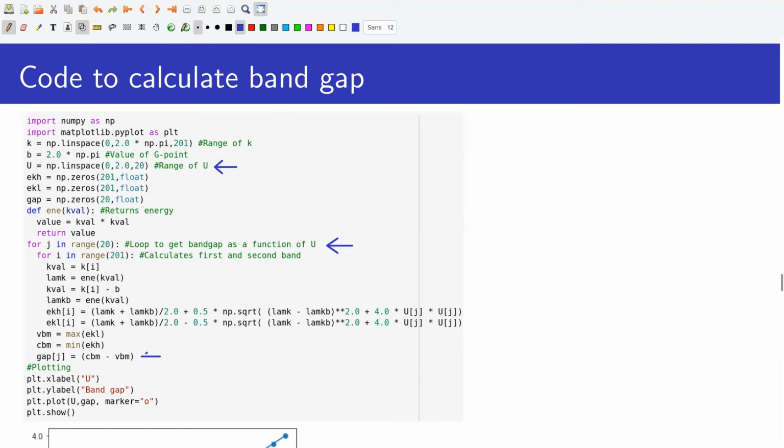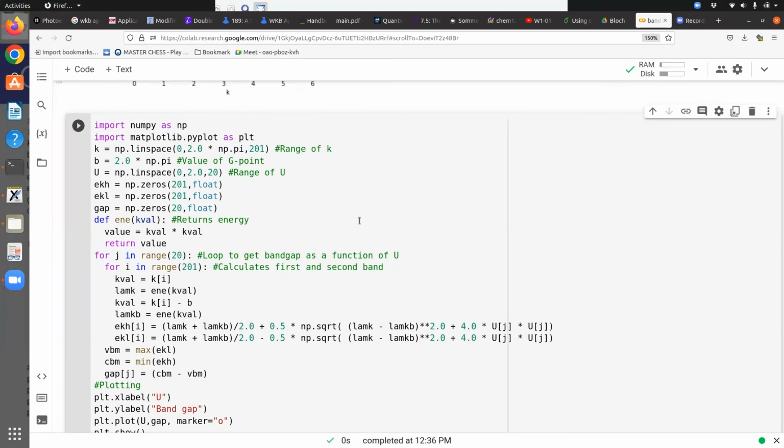Band gap is the energy difference between the maximum of the first band and the minimum of the second band. This is the code for plotting band gap as a function of U. Band gap is calculated by varying U between 0 and 2 using a for loop.